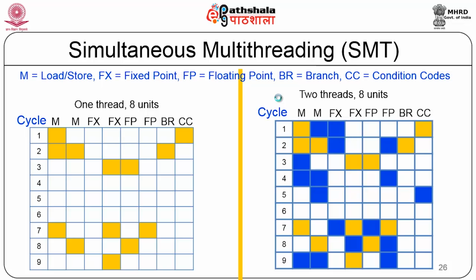If you are just looking at one thread of execution, the left hand side shows that you are able to issue 2 instructions, so 2 functional units are kept busy during the first clock cycle, 3 functional units are kept busy during the second clock cycle, and in the third clock cycle 2 functional units are kept busy.